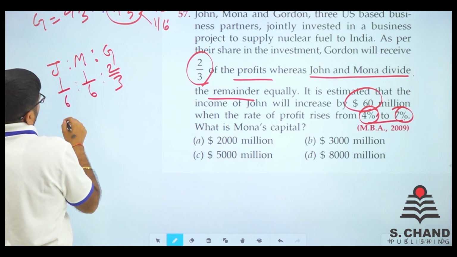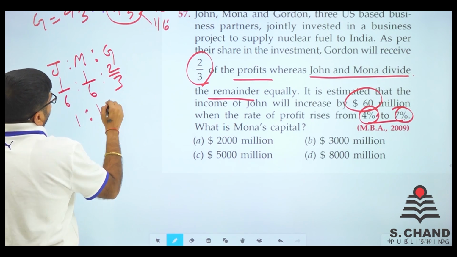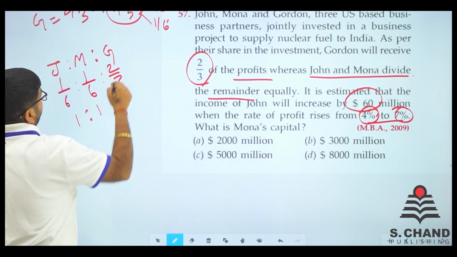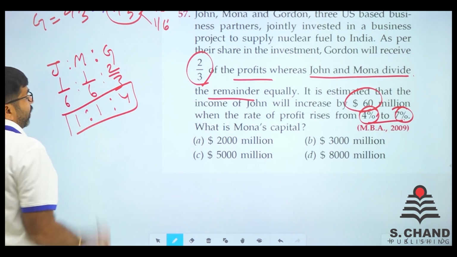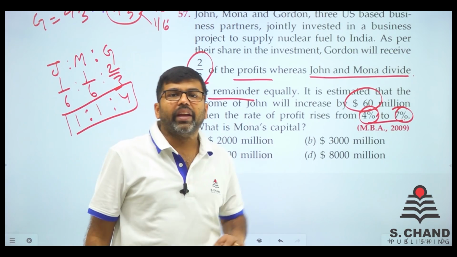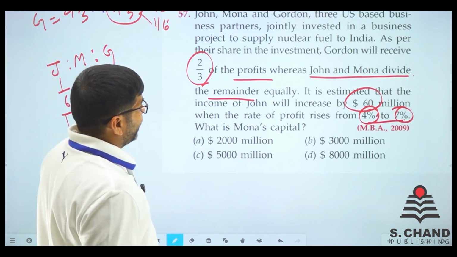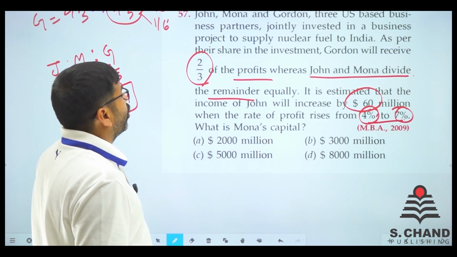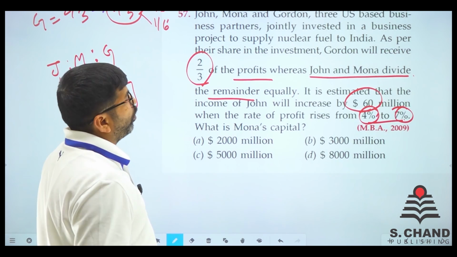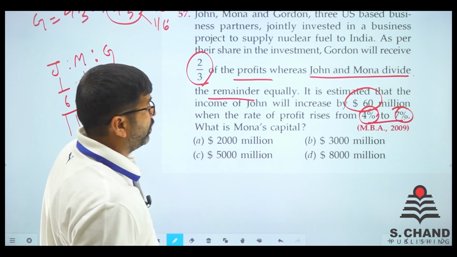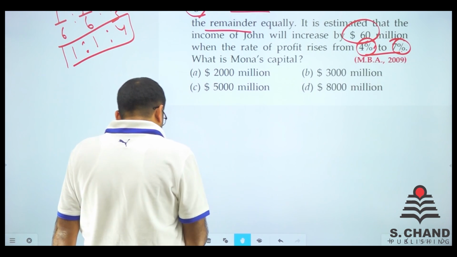So we get 6/6 is 1, 6/6 is 1, and then 6 into 2/3, 12/3 is 4. So this is the ratio in which they get the amount, right? Now what is said? It is estimated that the income of John will increase by $60 million when the rate of profit rises from 4% to 7%.